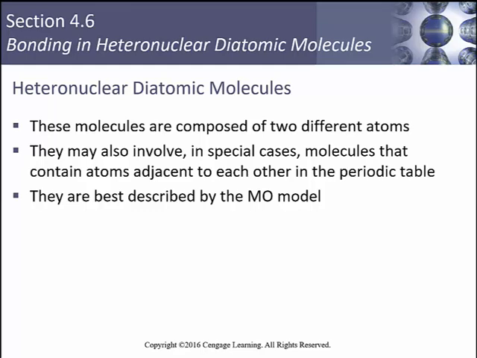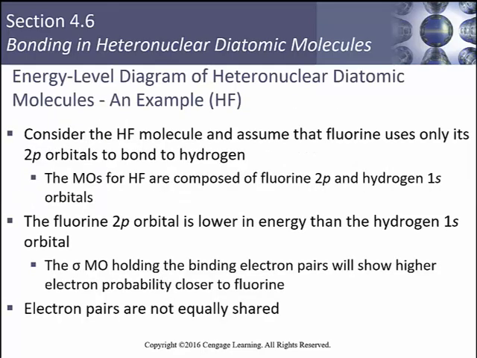Heteronuclear diatomic molecules are composed of 2 different atoms. They can also involve, in special cases, molecules where certain atoms are adjacent to each other on the periodic table. They are going to be best described by this MO model. So if you look at the HF molecule and assume that fluorine uses only its 2p orbitals to bond to hydrogen, the molecular orbitals for hydrogen fluoride are going to be composed of the fluorine 2p and hydrogen 1s orbitals.